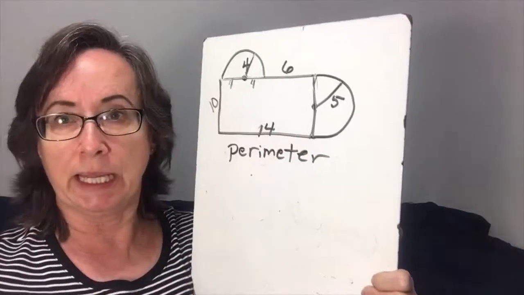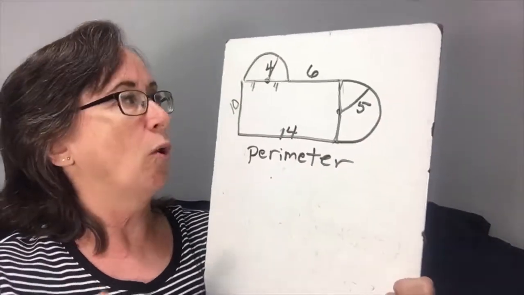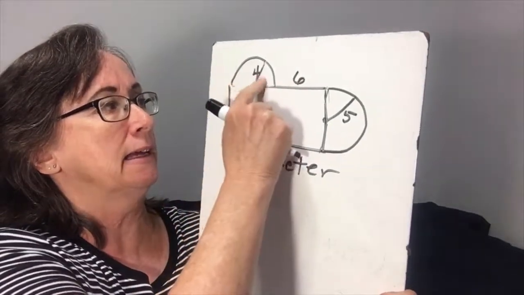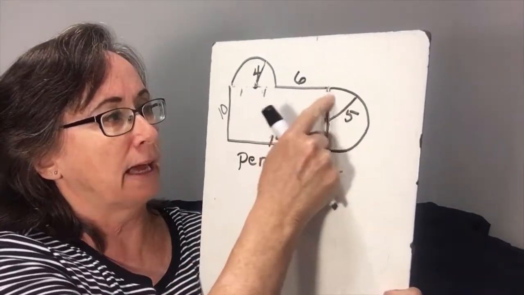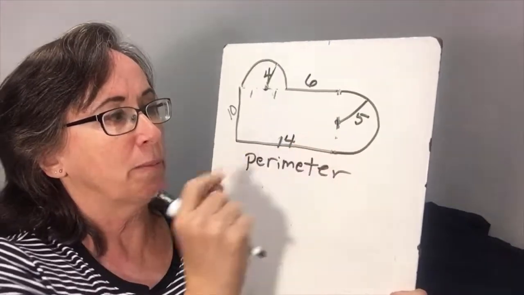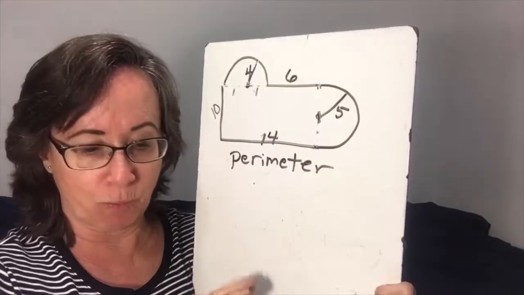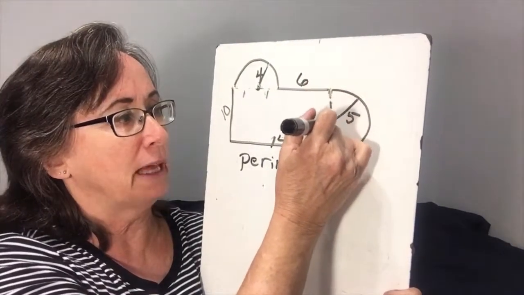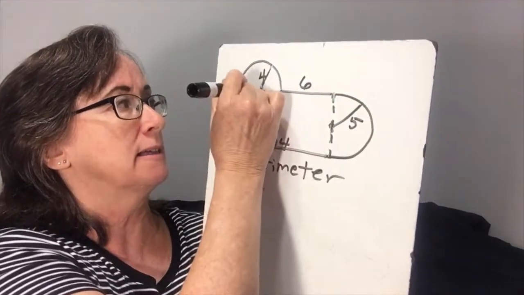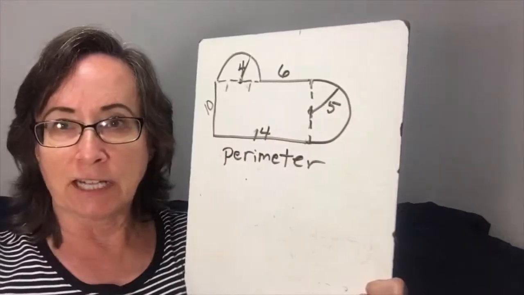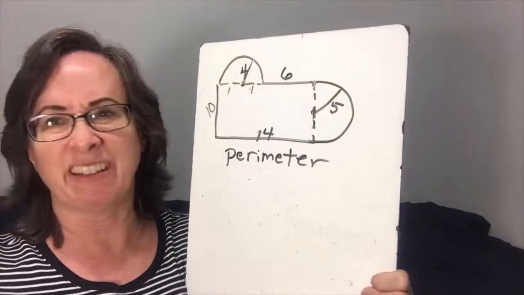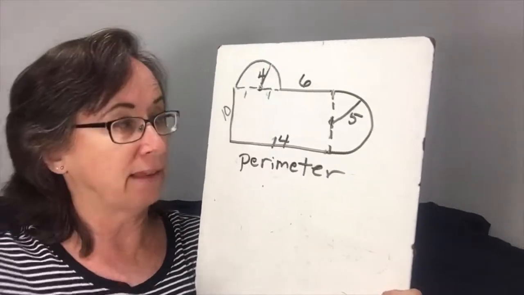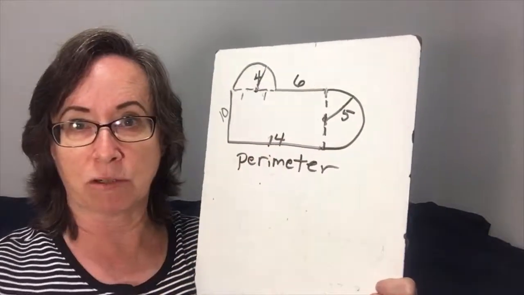Now, when we're doing these perimeters, we're not paying any attention to this line or this line, because remember, we're just doing distance around. They make those dotted lines, dashed lines, just to show you that, hey, that line's really not there. It's just helping you to see that that is a semicircle.